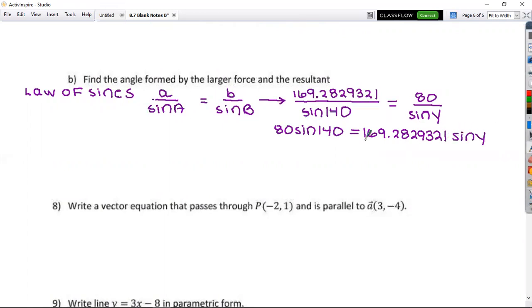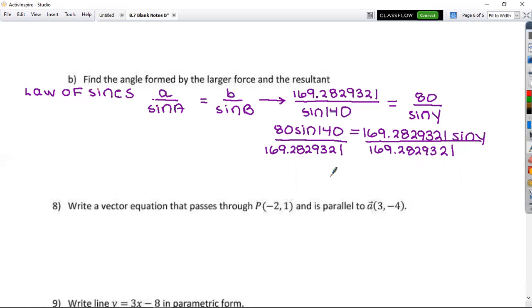So you're going to divide this over and you're going to second sine this, so inverse sine in your calculator. 80 sine of 140 divided over 169.2829321. Enough to cramp your arm up for sure.